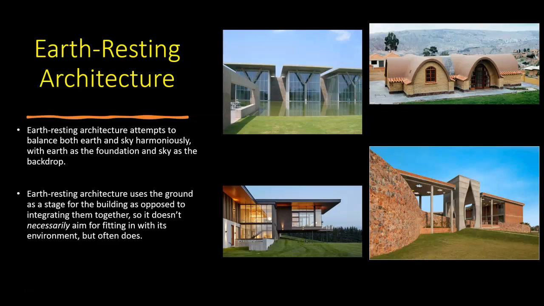So it doesn't necessarily aim for fitting in with its environment, but it often does, especially in more modern architecture. And this kind of architecture is often necessary in densely populated areas. And I know that these buildings don't necessarily depict densely populated areas, but nonetheless, they are examples of earth resting architecture.